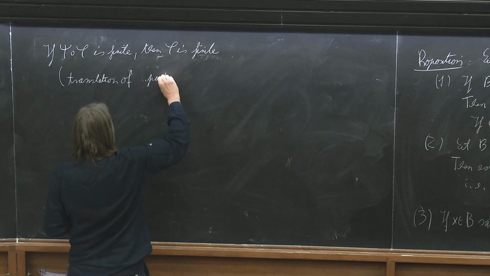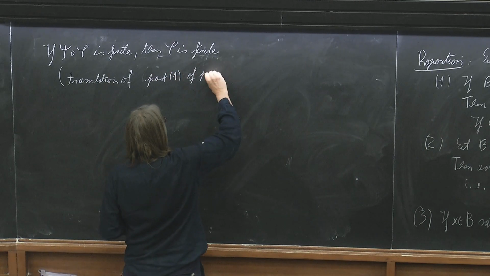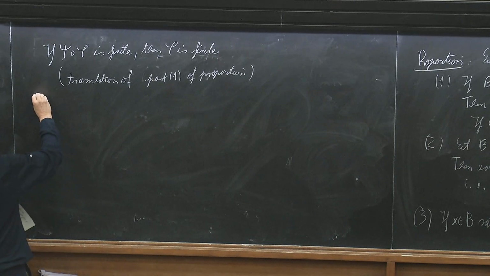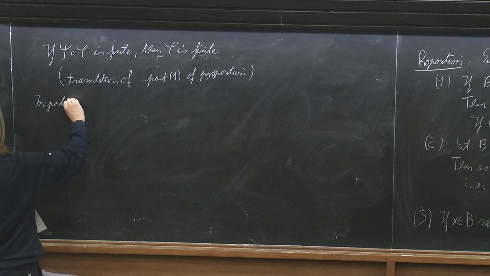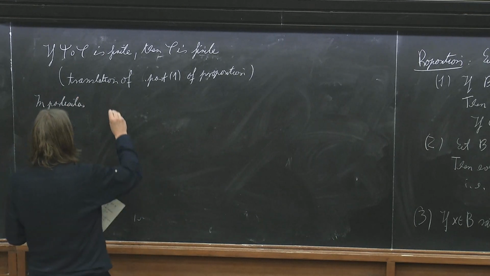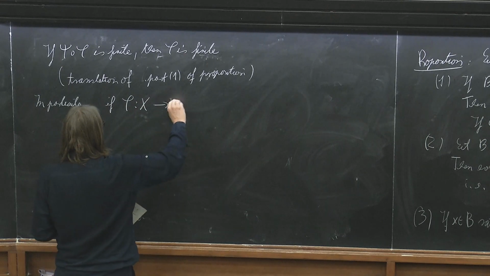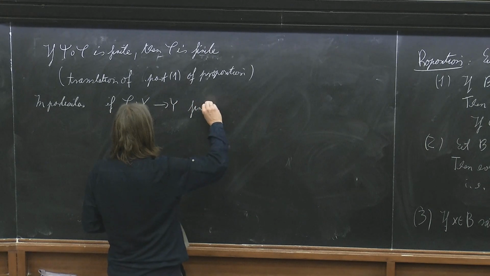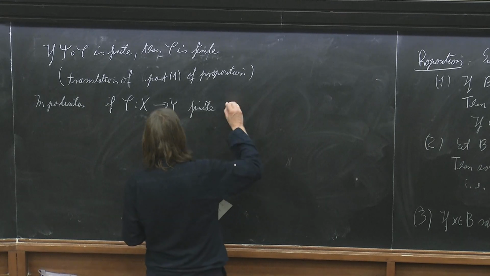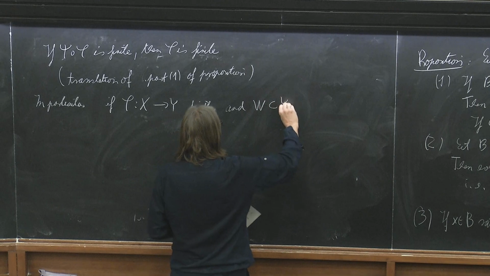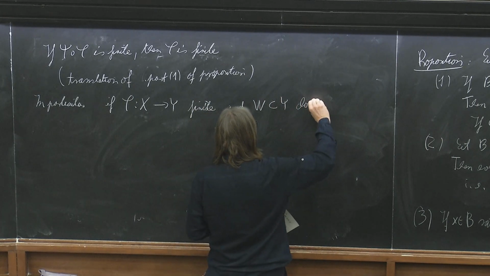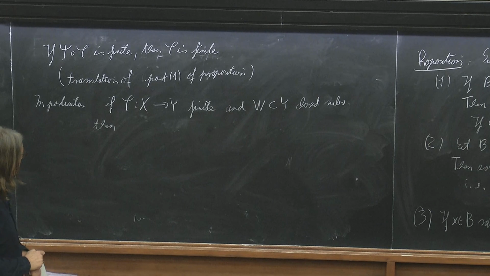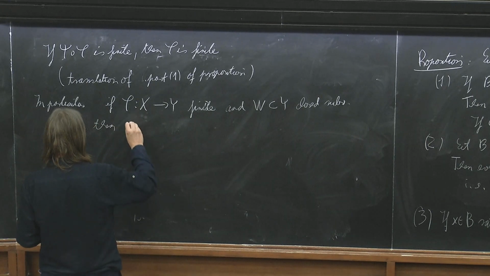So these two are just a translation of the previous proposition, part 1. Just as an example, because we use that often: if x to y is a finite morphism, and we take a closed subvariety W in the image, then phi as a map viewed to W is also finite.